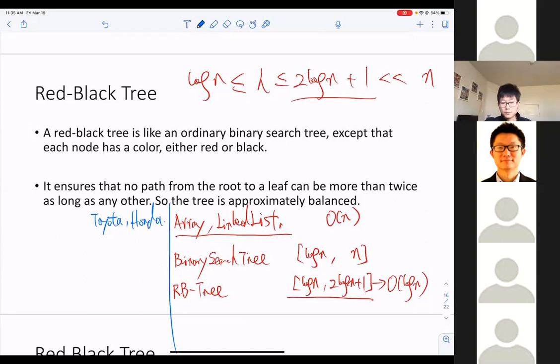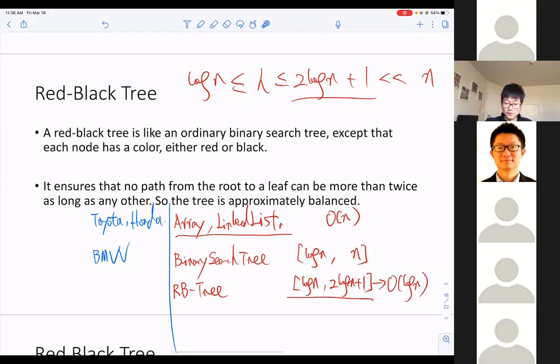So they're pretty much like a Toyota or Honda: you just need to change the oil and the tires, and it runs, but it's not fast. The binary search tree is something like a BMW. It's definitely fancier, so it's faster. In most cases, it's going to be faster than a Toyota or Honda.